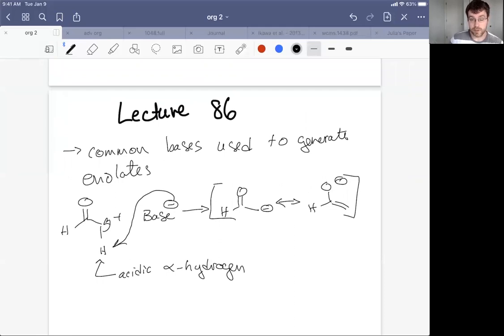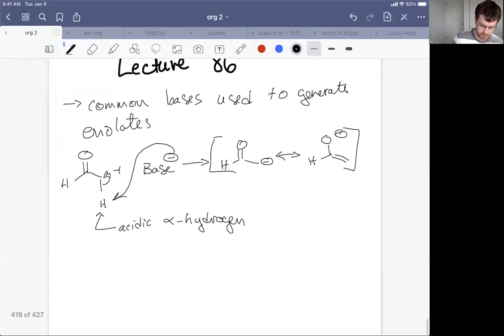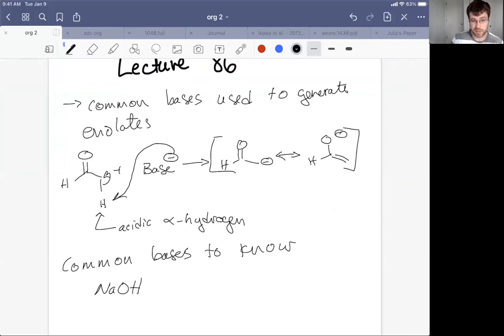The answer is there's tons of bases we can use, but we're going to just stick with two for the most part in this class. So the common bases we need to know are good, old, reliable, sometimes reliable sodium hydroxide.